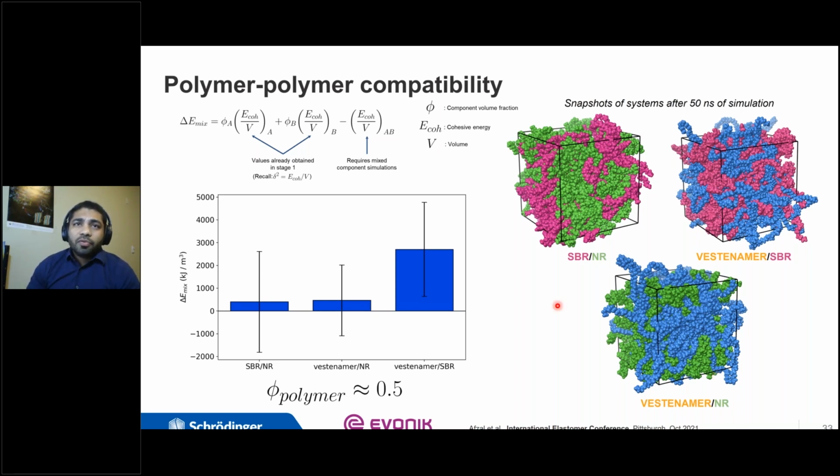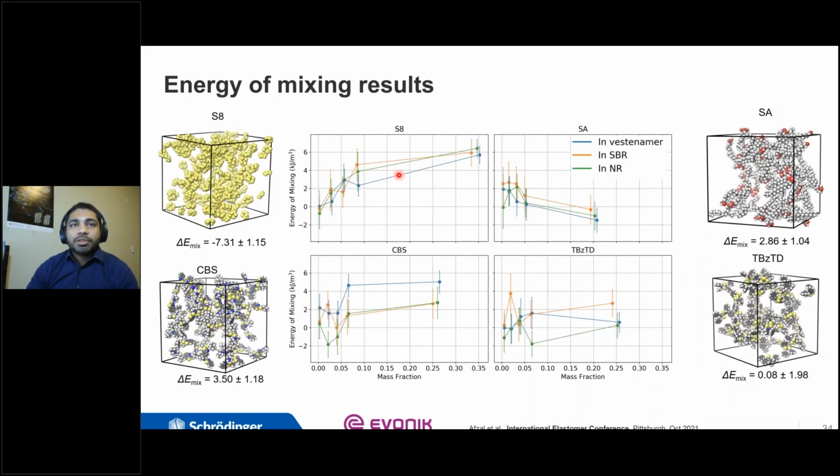We did the same thing for crosslinker in polymer as well. In this case, we were increasing the concentration of crosslinker in the polymer and tracking the energy of mixing. And what we see here is the energy of mixing is dependent on the amount of crosslinker that is added.